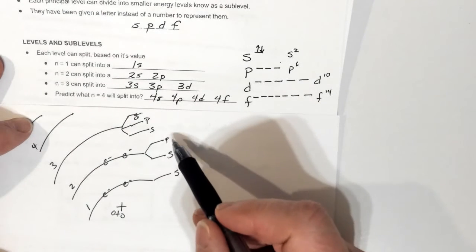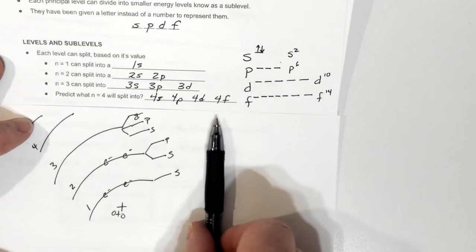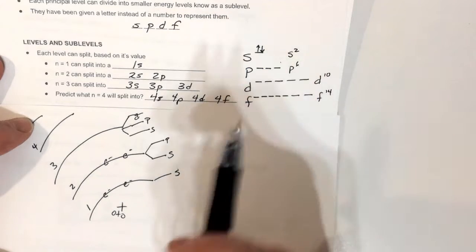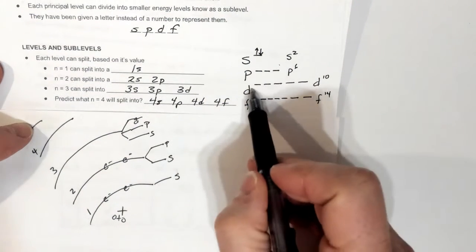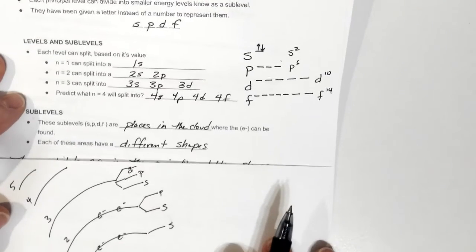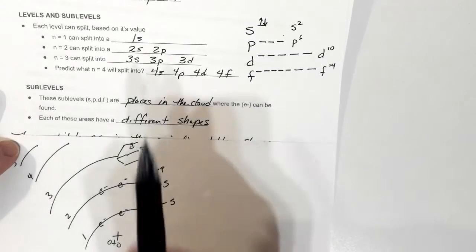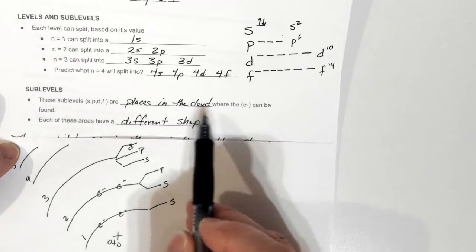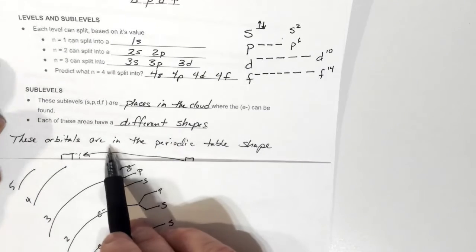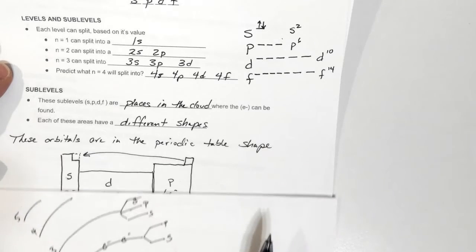But then each area can be positioned in different directions in space and can even come at us. So it's 3-dimensional, and these are the directions they could point. They're just places in the cloud where an electron can be found, and each one has different shapes. And these orbitals are in the shape of the periodic table.